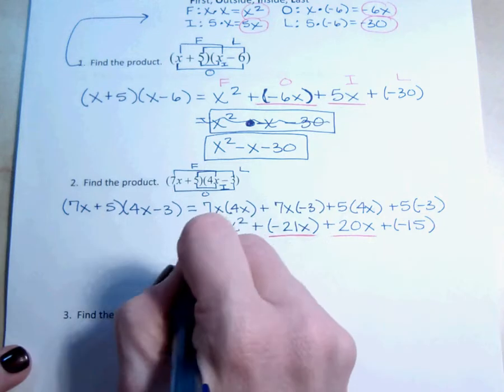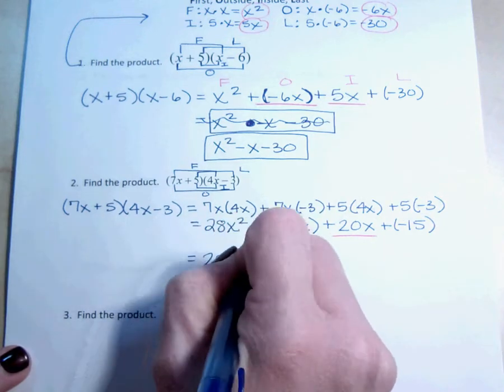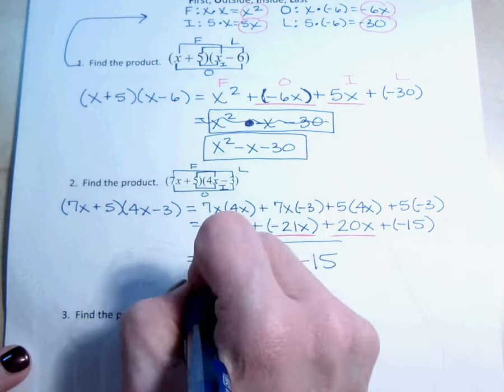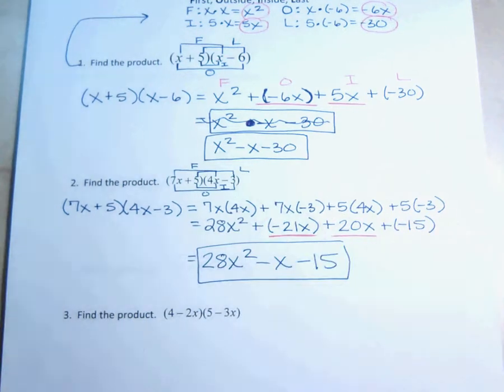So our final answer is 28x squared minus 1x, or just minus x, minus 15.